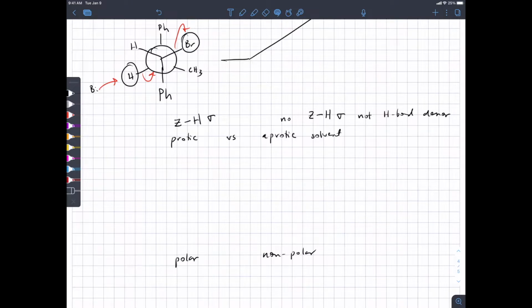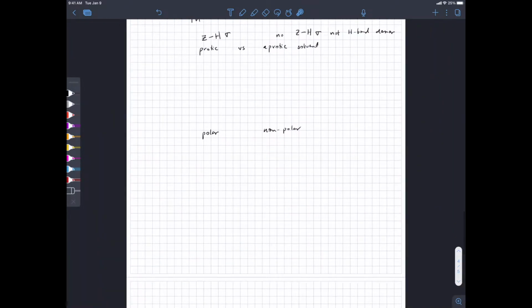And if your job is to go in the lab and make stuff, you do have to worry about what solvent you're going to use and whether or not your solvent has a bond between hydrogen and an electronegative atom, which actually can matter. For example, when you get to 352, you're going to see a reaction.